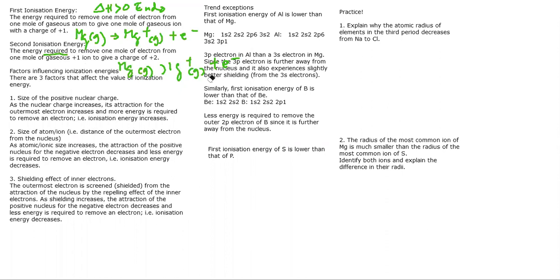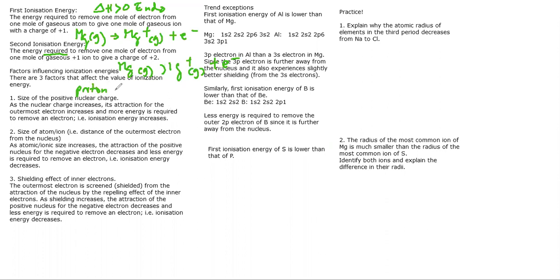How about the factors that influence the ionization energy? The first factor is the size of the positive nuclear charge. If the nuclear charge increases, its attraction for the outermost electron increases, more energy is required to remove the electron, and therefore ionization energy increases. Nuclear charge is the number of protons.